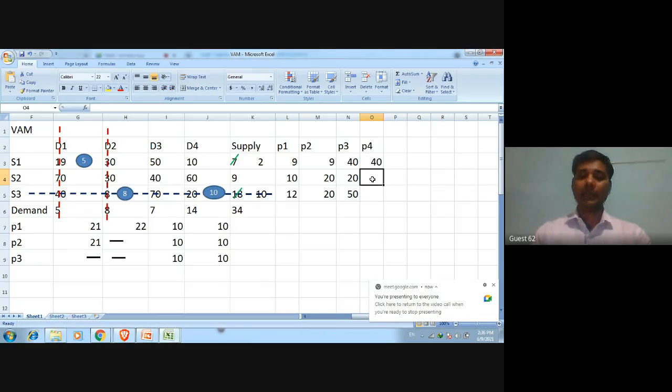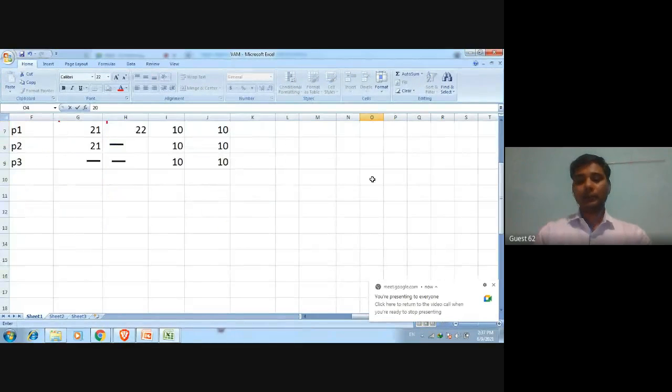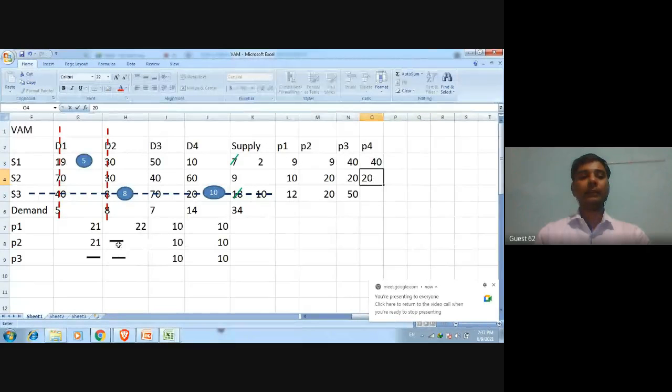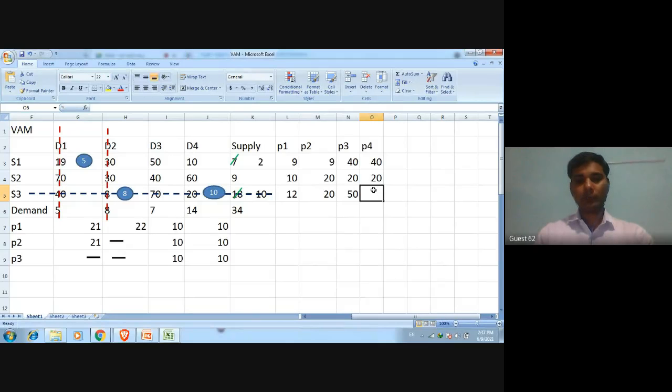And here two are left, 40 and 60. So how much will it become? 20. But there is no need to calculate the penalty for row 3, so we will draw a dash here. Okay, I have drawn a dash here.